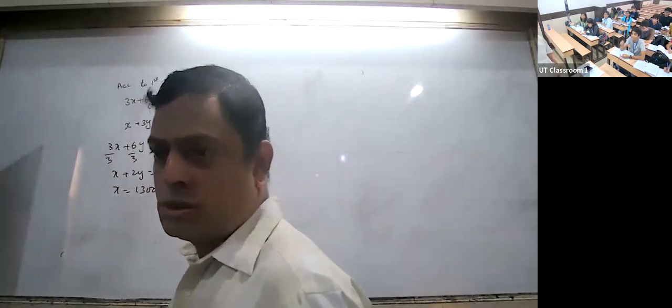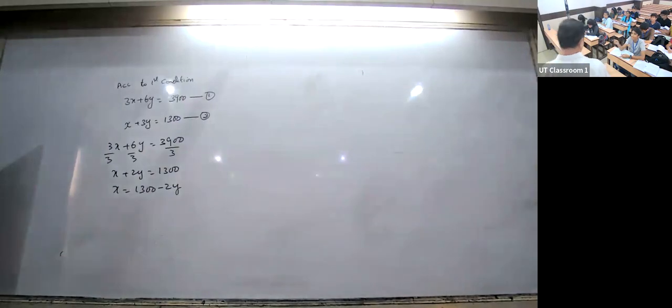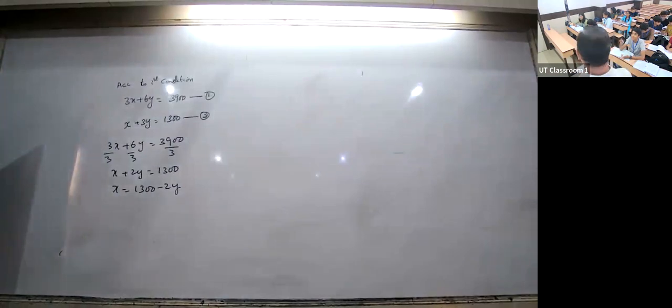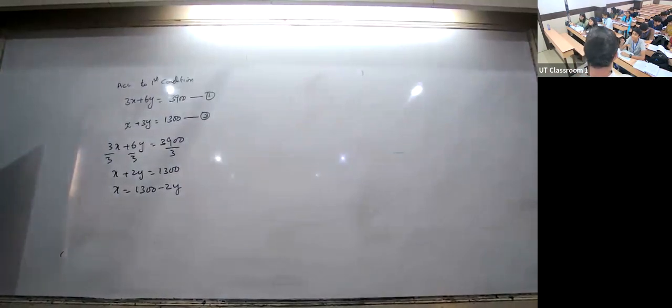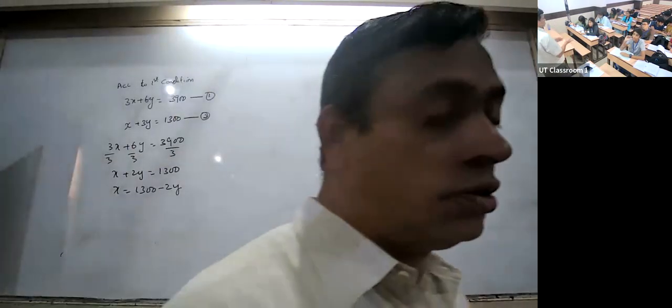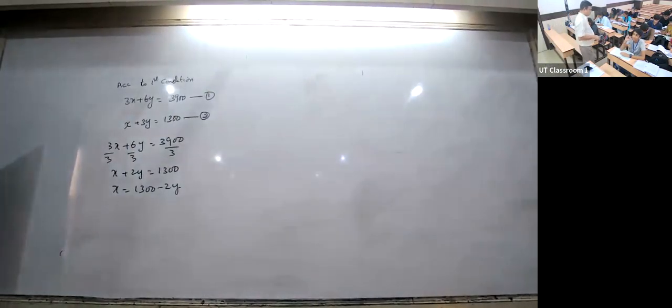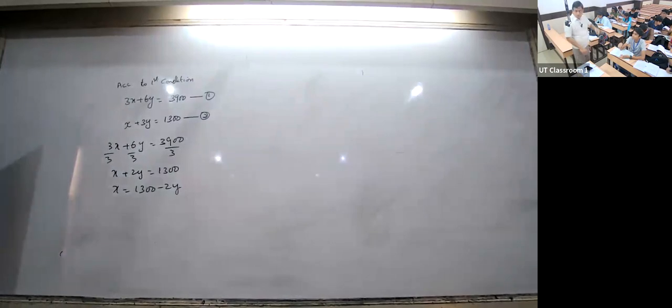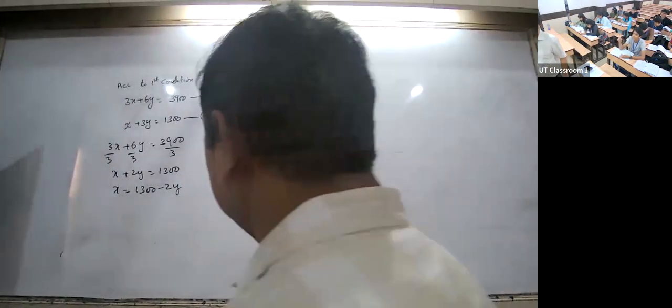Two equations? x plus 3y is 1,300, x plus 2y is 1,300. So what is the problem? Both are the same? How can both be the same?